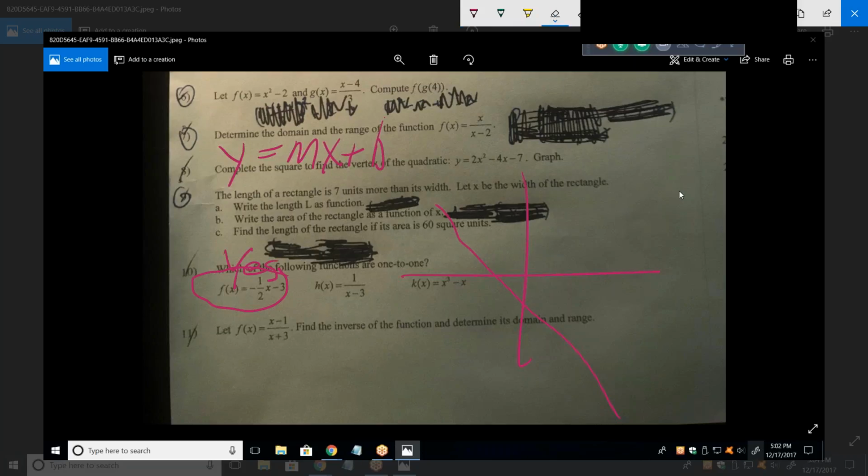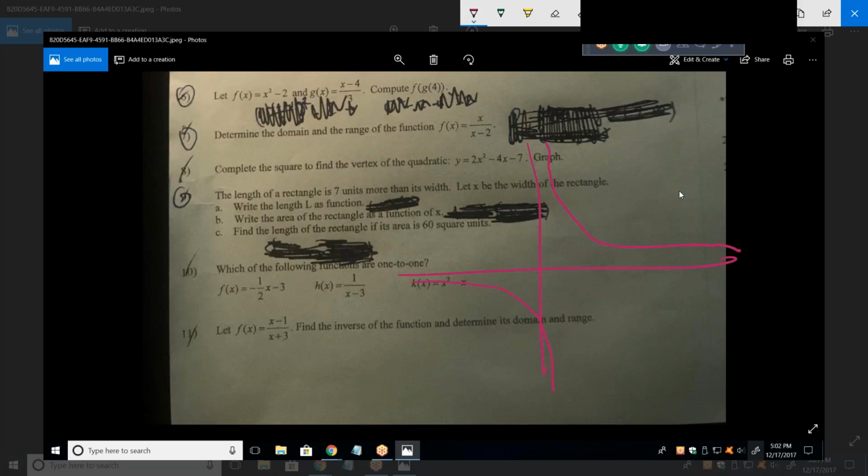Now, the second one is hyperbolic in nature. In other words, 1 over x looks like this, with asymptotes at x equals 0 and y equals 0. Would that be one-to-one? One-to-one has to pass the vertical line test and the horizontal line test. So yes.